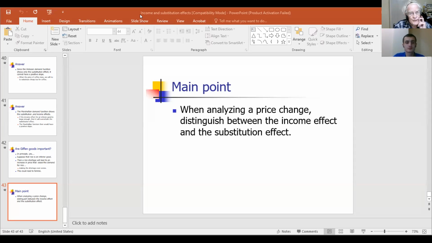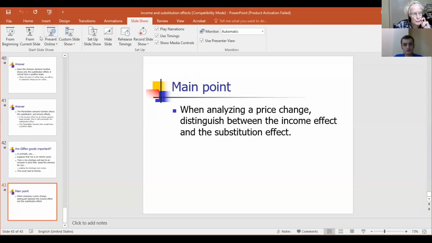So now we are going to take a look at income and substitution effects for demand, and then see whether they're useful when analyzing such policies as whether to subsidize the price of bread.